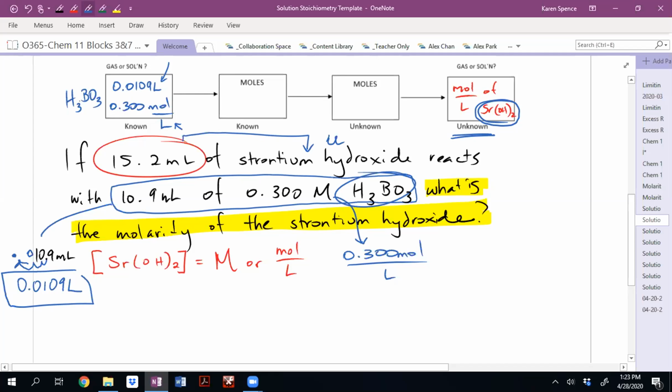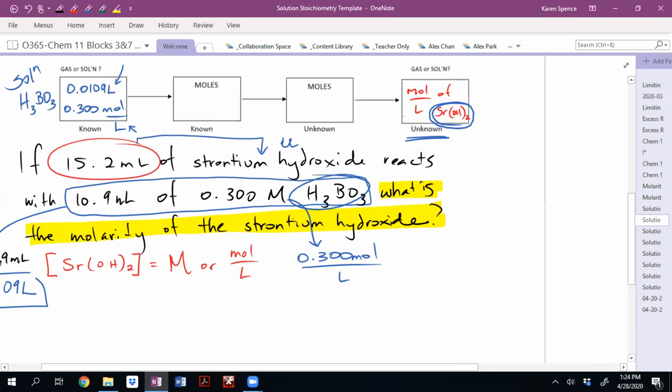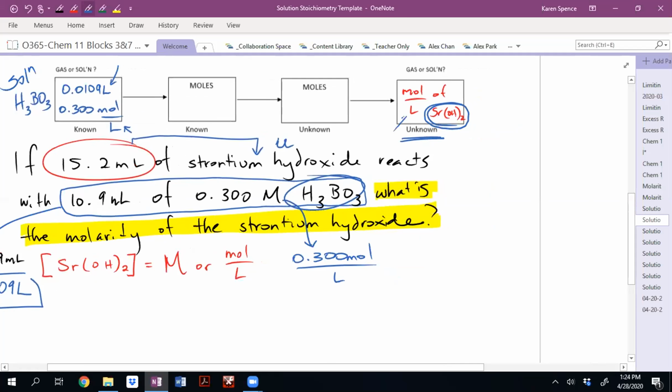Now we have some liters kicking around here. Is our H3BO3 a solution or is it a gas? It is a solution. So we will not be using 22.4. Also, strontium hydroxide, we're going to have some liters over here. Is it a solution or is it a gas?